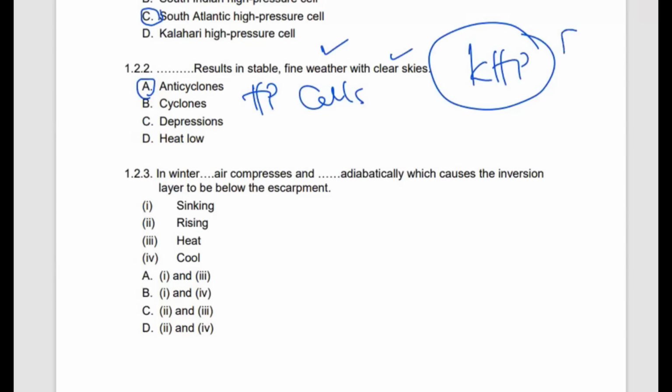Because there is strong sinking air, the air will be sinking such that there are no tendencies of cloud formation. Clouds can only form if the air is rising or is ascending. But if the air is sinking, it means we have clear skies and fine weather. It's typical conditions associated with the anticyclones or the high pressure cells.